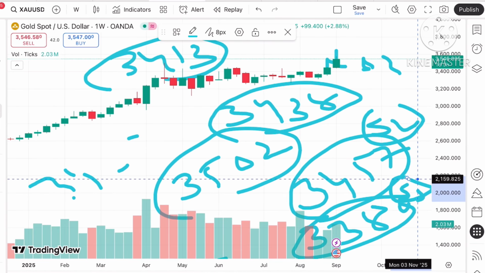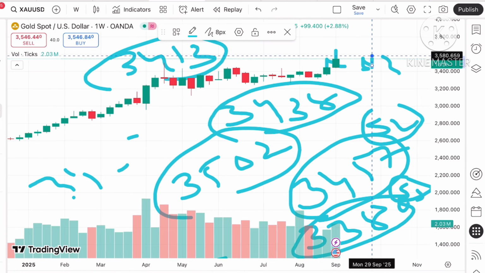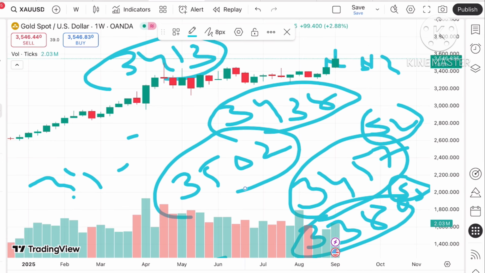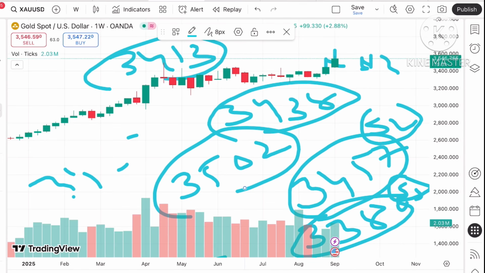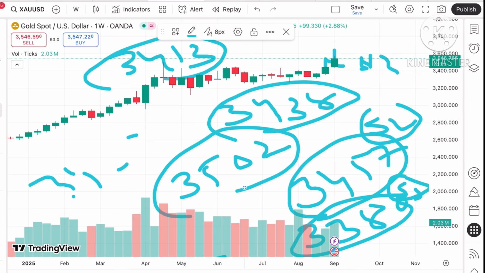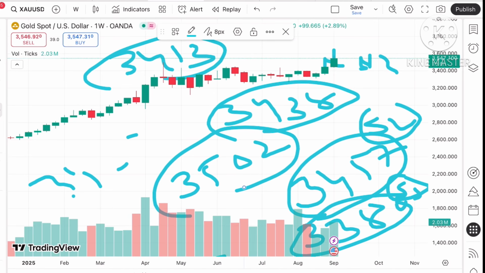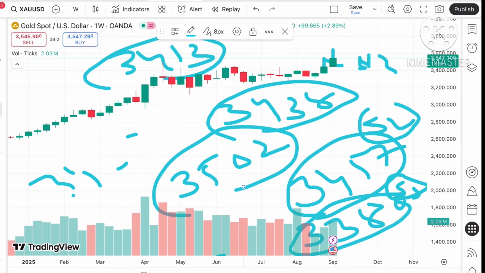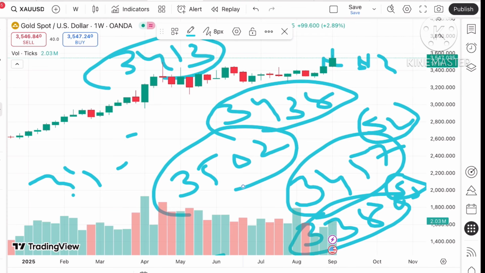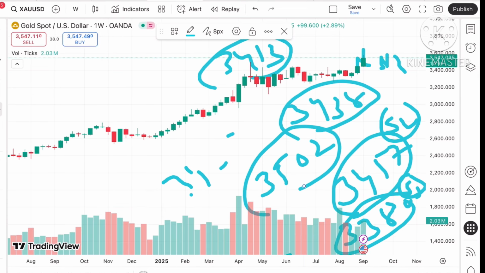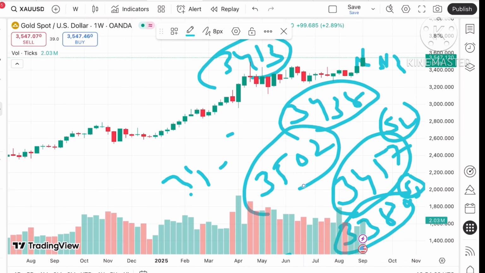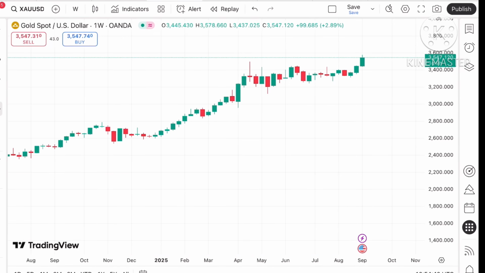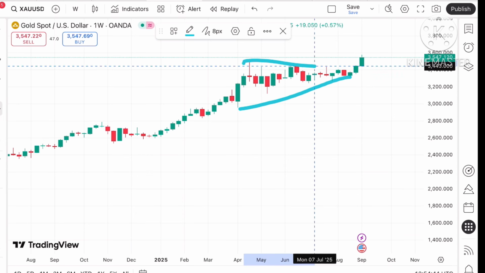Again I repeat, suppose the price starts falling below this level, there is a probability of going towards 3502, then to $3457, which is support 2, then a further fall towards 3438, then to around 3413, then to $3380. After this level, we can see this level. Understand that the price has created this particular pattern.